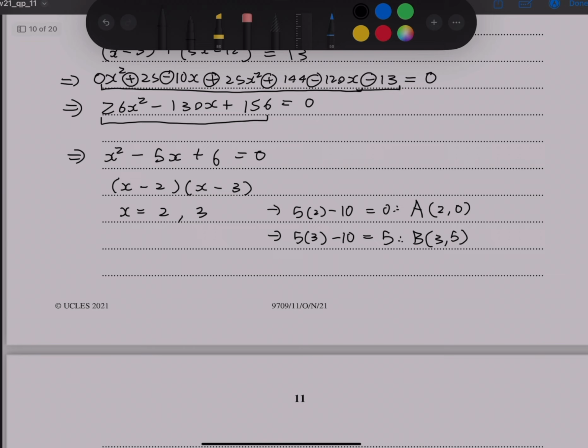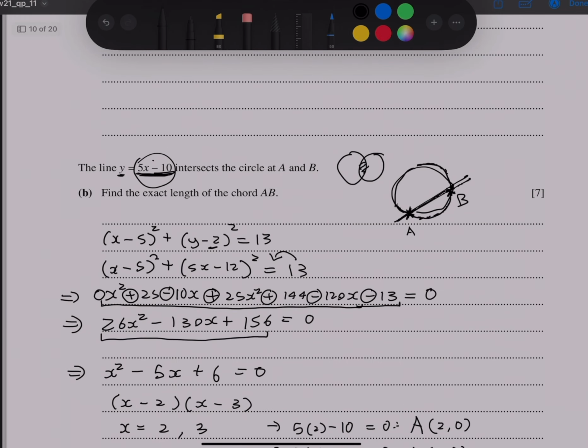That would be the square root of 3 minus 2 whole squared plus 5 minus 0 whole squared, which gives us a value of root 26, and that is the final answer. You can leave your answer as a surd, that would be fine, and that's the length of this line segment.